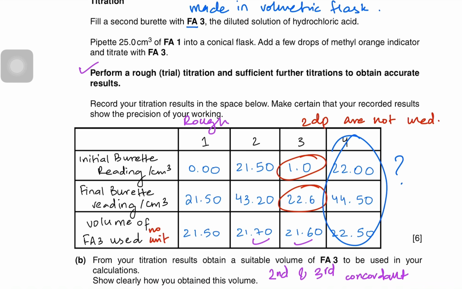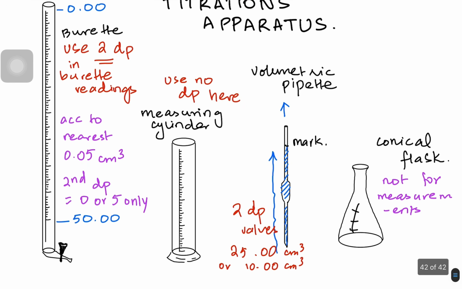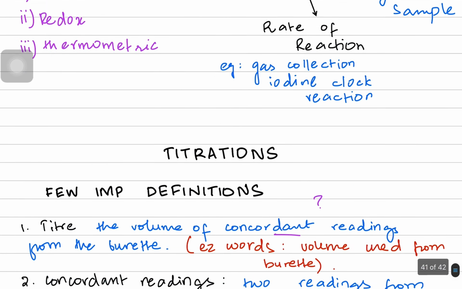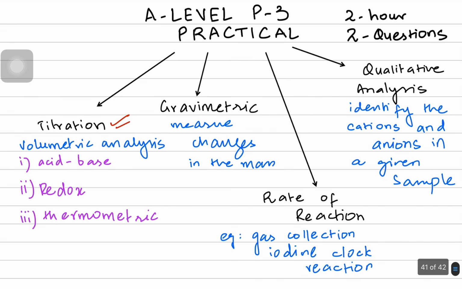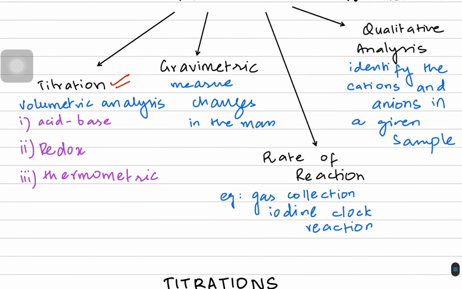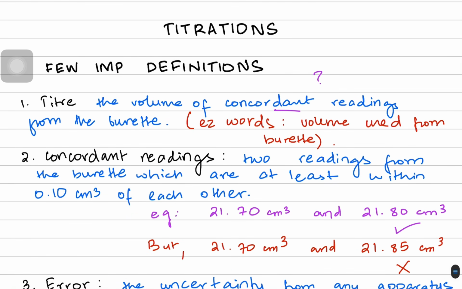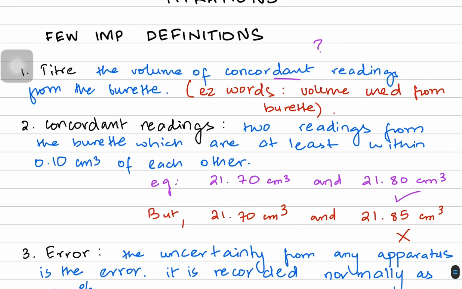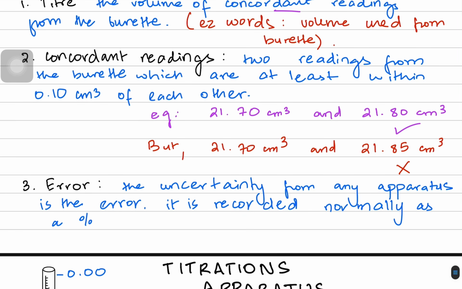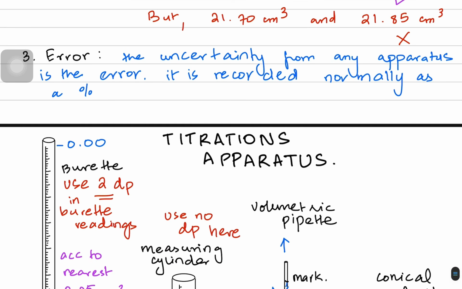So far what we have learned is that in A-level practical examination there are certain kinds of questions that you come across. Then we looked at titrations and some important definitions like what's a titer? It's the volume used from the burette. We looked at concordant readings which are within a range of 0.10 centimeter cube. We looked at error.